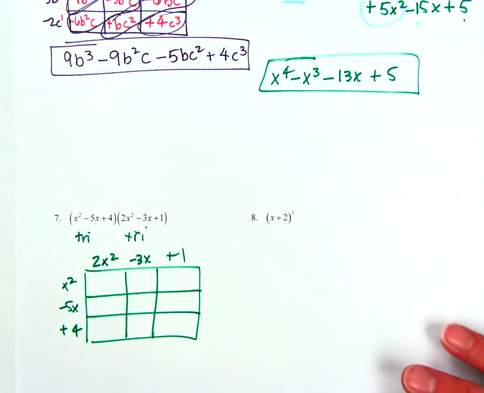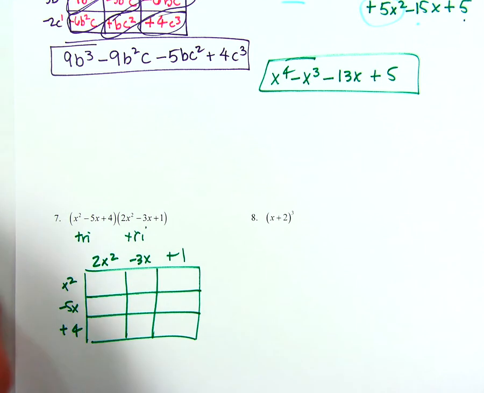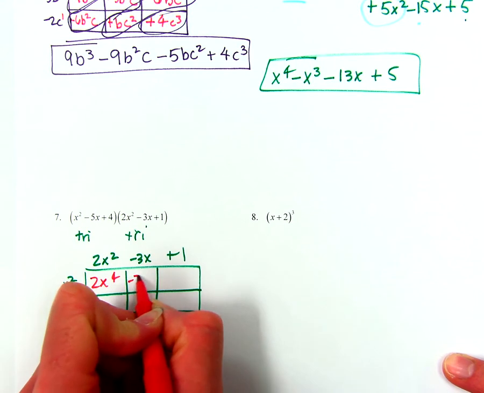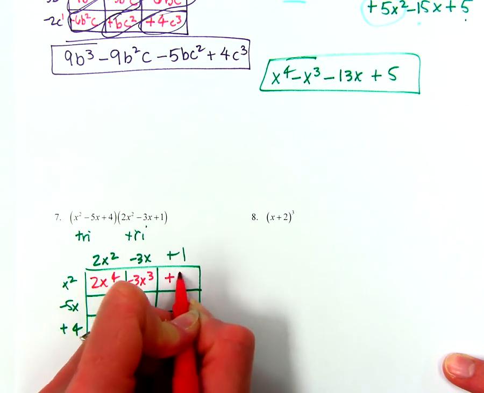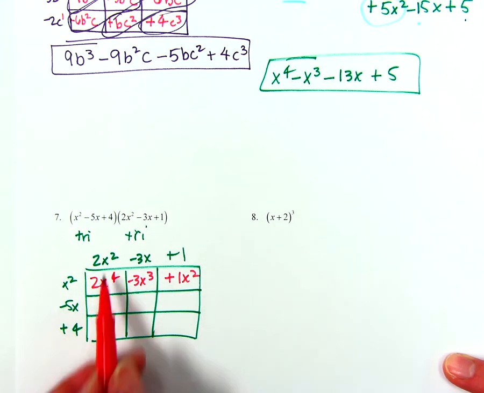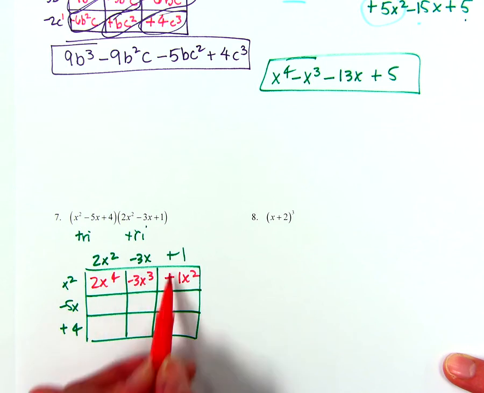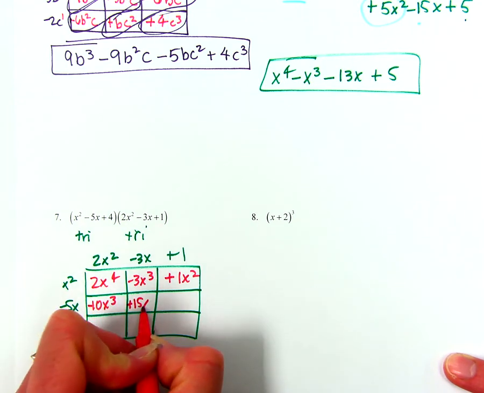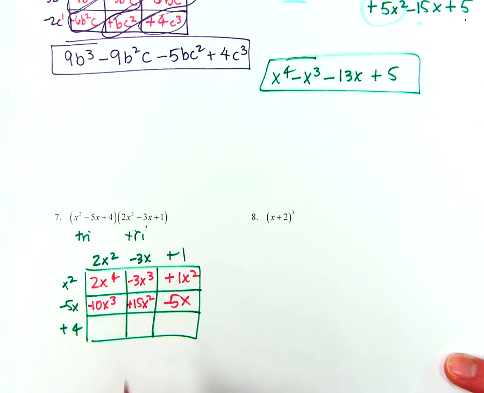Okay, so now I'm just going to distribute. I'm keeping my x squared and distributing it to everything else. So I have 2x to the fourth, negative 3x cubed, and 1x squared. Now I'm multiplying negative 5x times everything. So negative 10x cubed plus 15x squared and negative 5x. And then finally I'm multiplying 4 by everything.